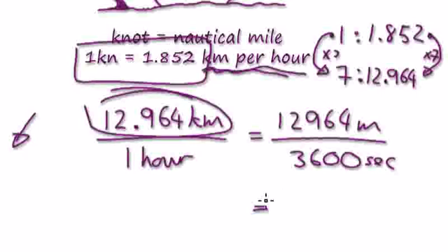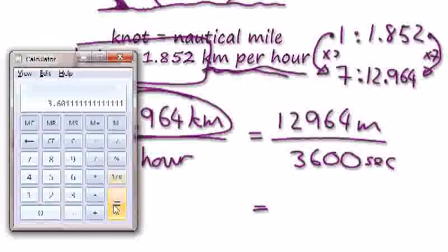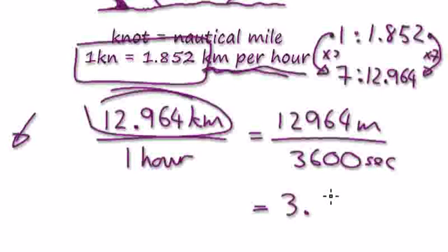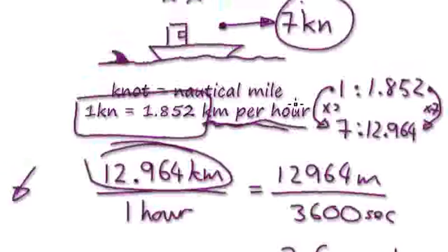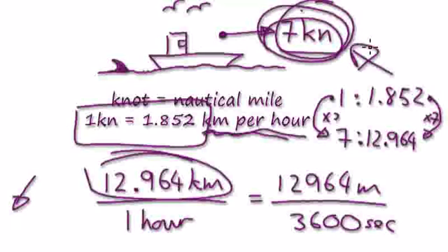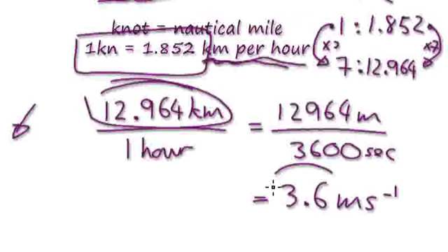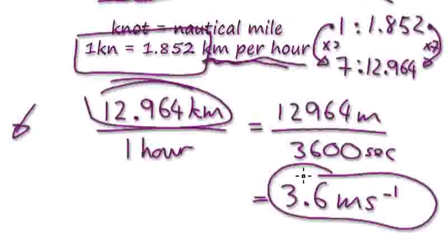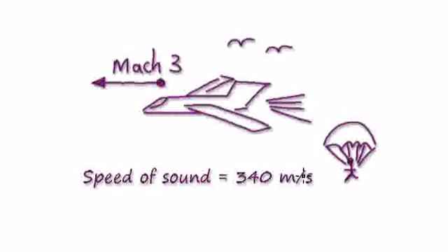Equals 3.6 meters per second. So traveling at 7 knots is similar to 3.6 meters per second. Sailors like using knots.